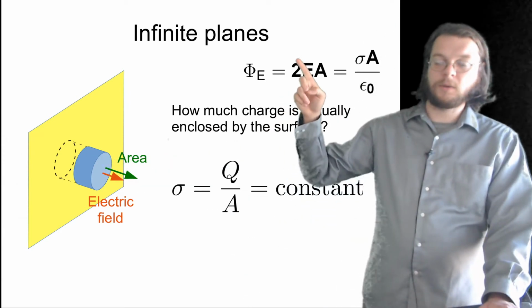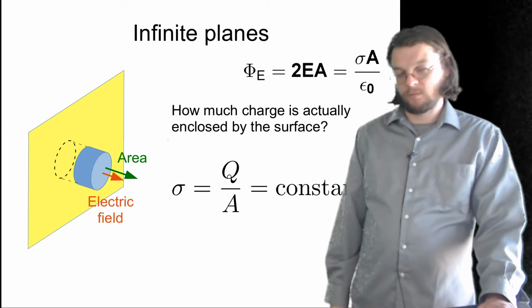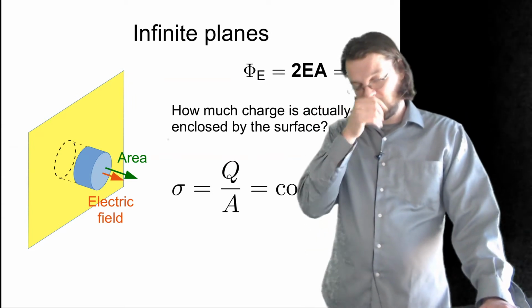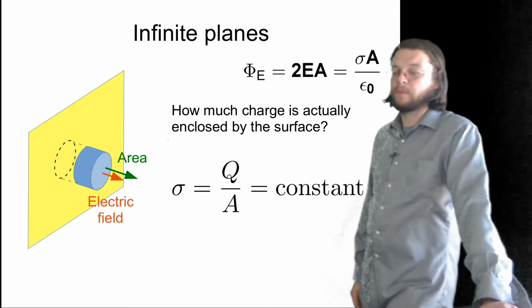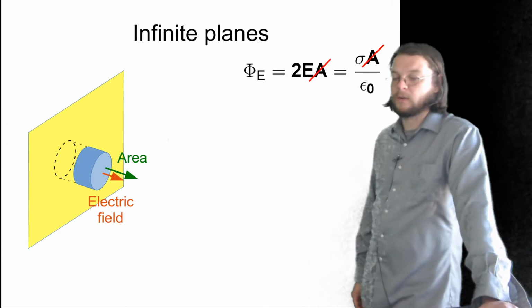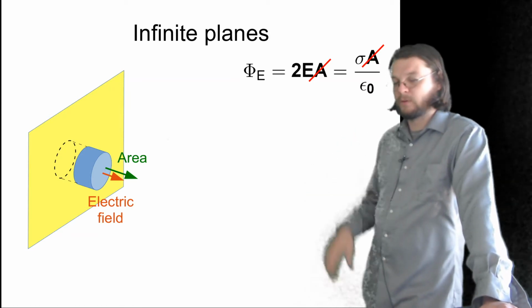But here's the thing: the bigger the surface, the bigger this area, the more electric flux is going through our Gaussian surface, and so that gets bigger too. And the two things sort of cancel each other out, right? Half as small, half as much flux.